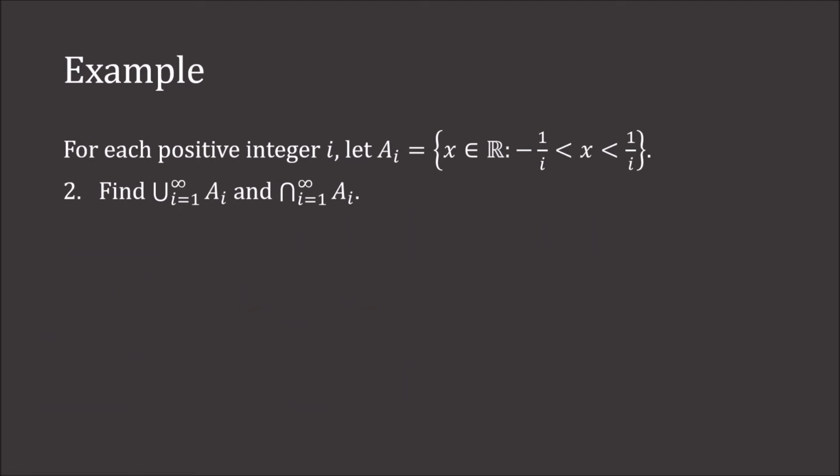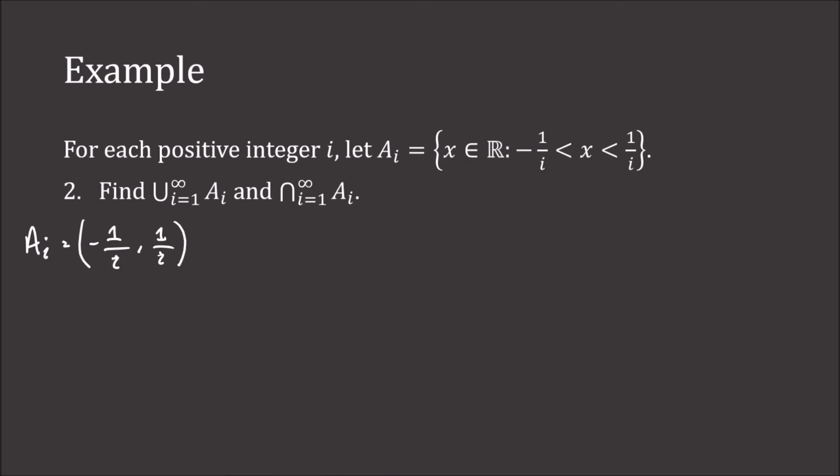Now let's look at the infinite case. We can use the same argument as before, we're just going to extend it. So a sub i, again, is the interval negative 1 over i to positive 1 over i.